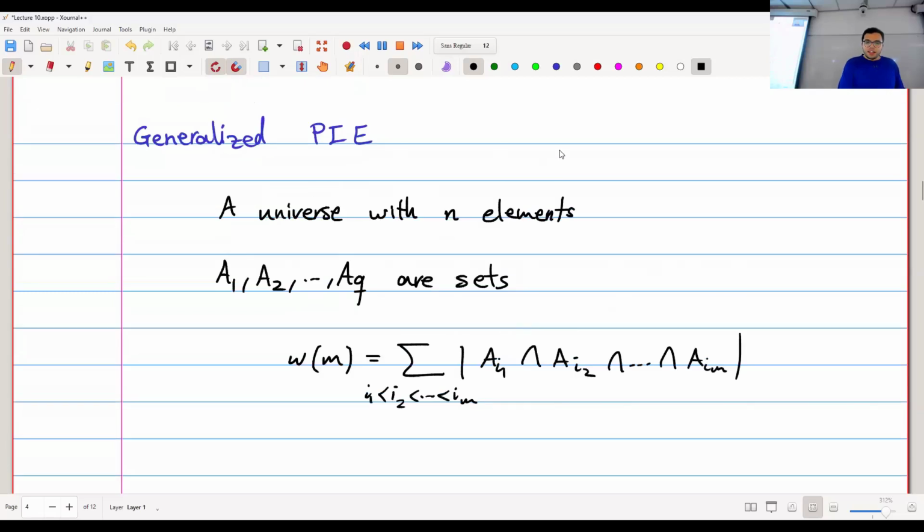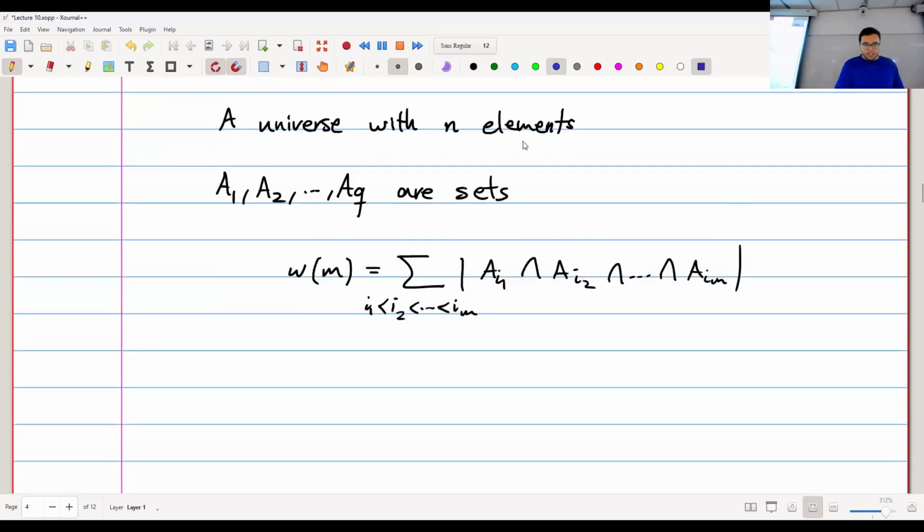So here's what I want to say. If I look at every element, it either appears in none of my sets, or exactly one of my sets, or exactly 2 of my sets, and so on, or exactly q of my sets. I want to define something called exactly m, or em.